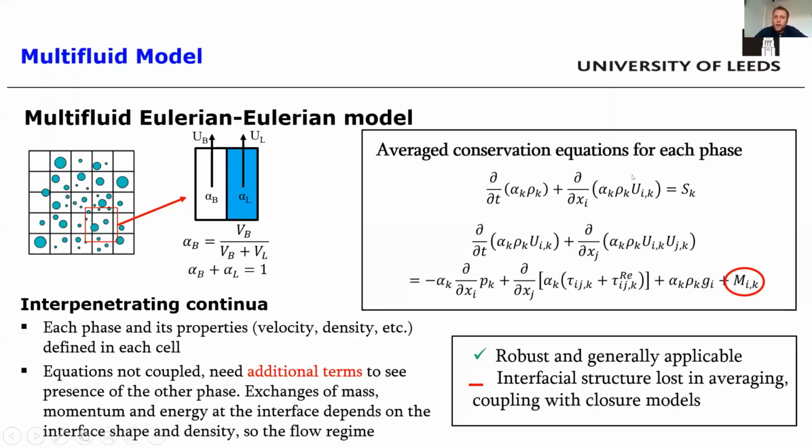We are able to derive, as you can see here in the box, two different sets of conservation equations, mass, momentum, and energy, one for the gas and one for the liquid. And in this way, we obtain a model that is quite robust and generally applicable.